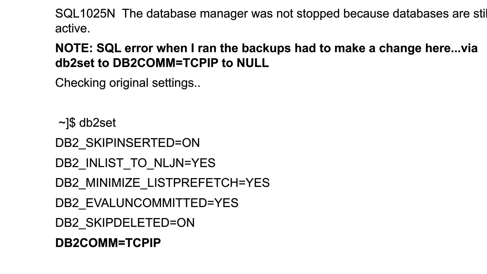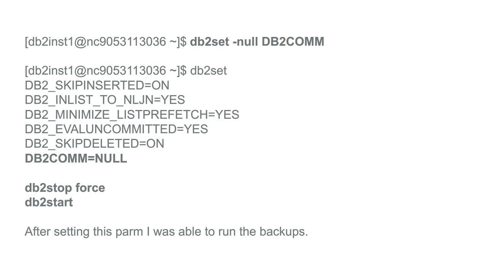Basically, I had to reset my DB2 communication, which is set to TCP/IP, to null in order to get this to work. So I displayed that setting with DB2 set, what it's currently set at. And then I changed it with DB2 set -null space DB2 com.